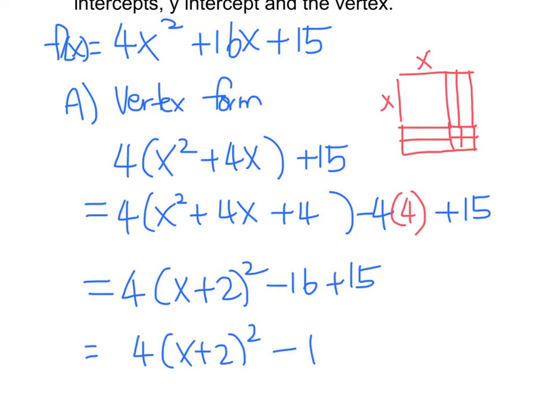Now when you write your answer, obviously, you're not going to just leave it like this, right? Because then it's just showing work. It's not telling me what your answer is. So I want you to write your answer like this. The vertex form is the answer for A, so f of x is equal to 4 times x plus 2 squared minus 1. And that would be your answer.